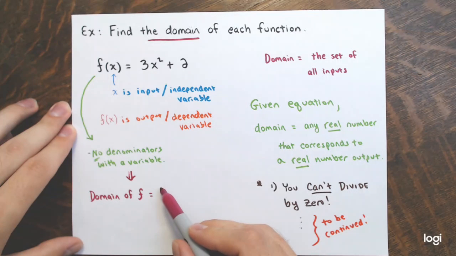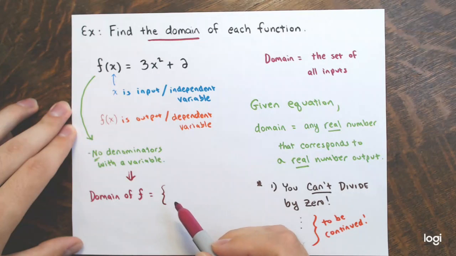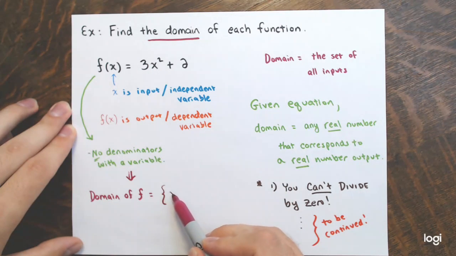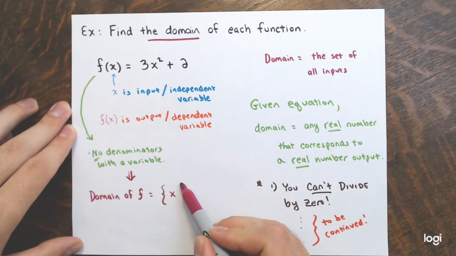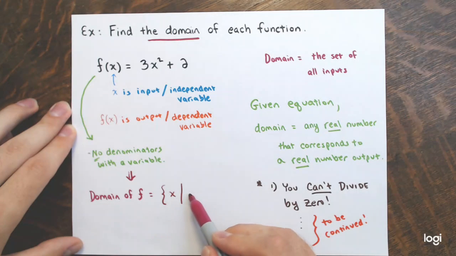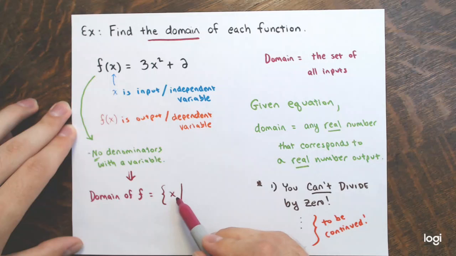One is with something called set builder notation, where I write a little curly brace, and my input variable, my independent variable, is called x, so it's all x's such that, and then a little bar, or sometimes you'll see a little colon. The domain consists of all values of x I want, as long as, and then after the bar, a little description of those values of x.